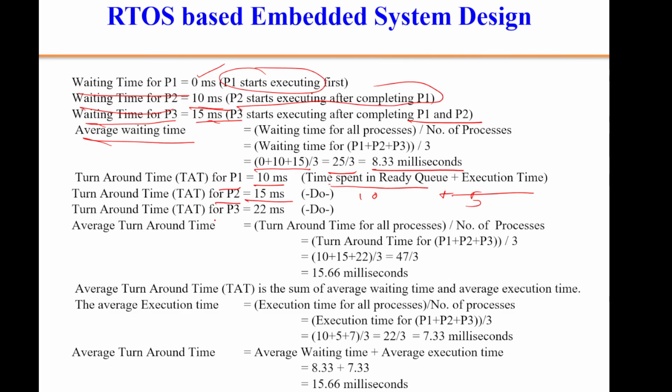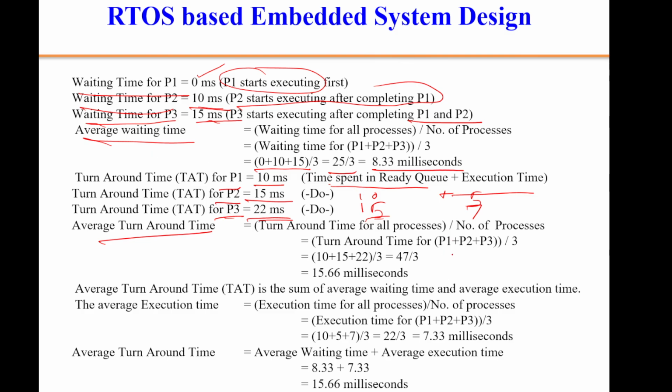Coming to the turnaround time of P3, it has to wait 15 milliseconds, that is completion of P1 and P2, P1 being 10 and P2 being 5. So 15 milliseconds it has to wait in the ready queue, and 7 milliseconds is its time for execution. So 15 plus 7, 22 milliseconds. Similarly, average turnaround time we can calculate by taking the sum of all three turnaround times divided by the number of processes, that is 3.